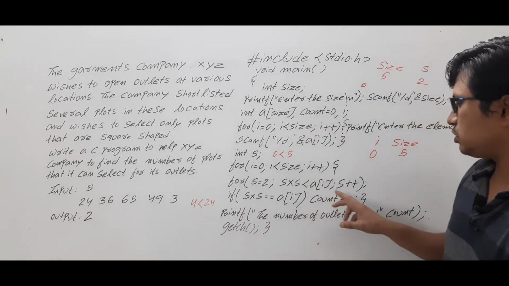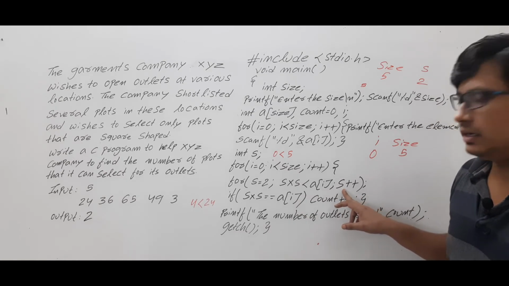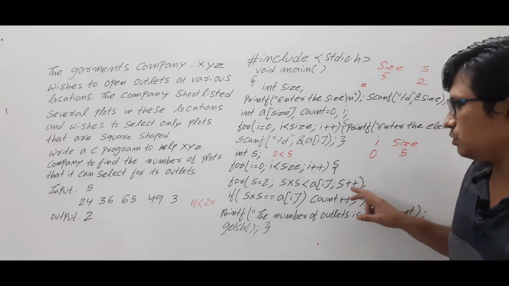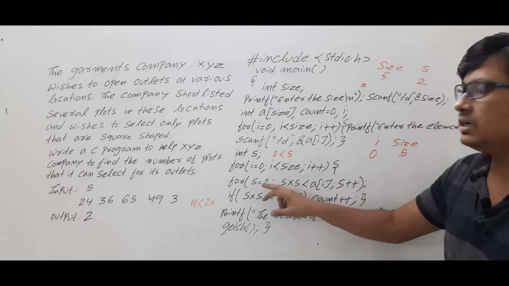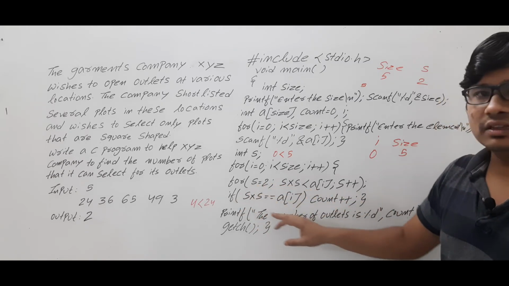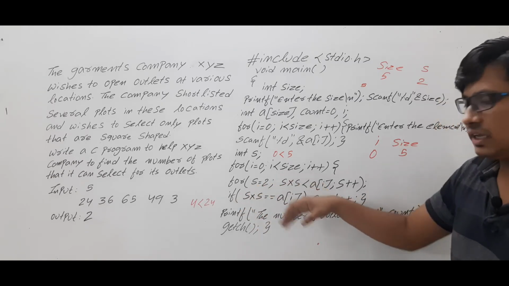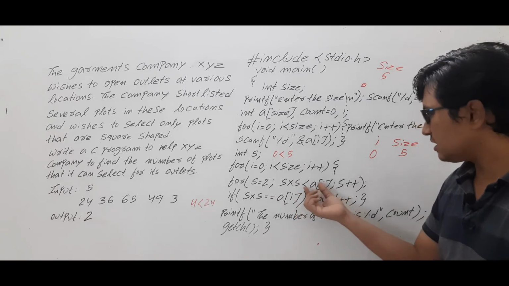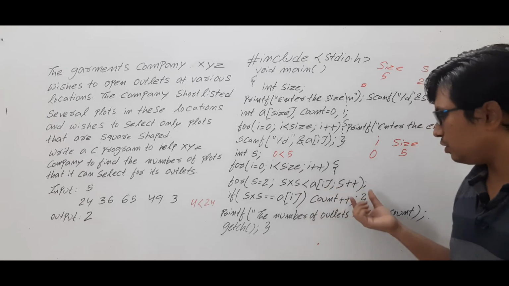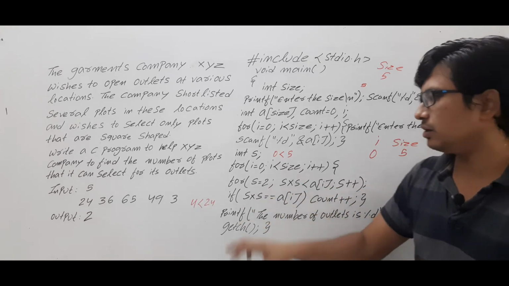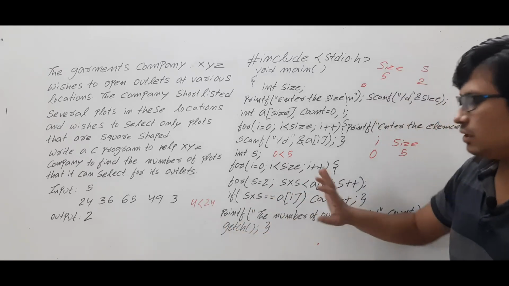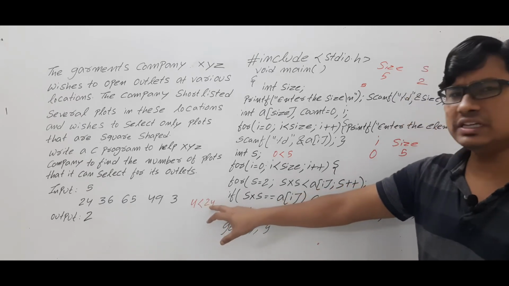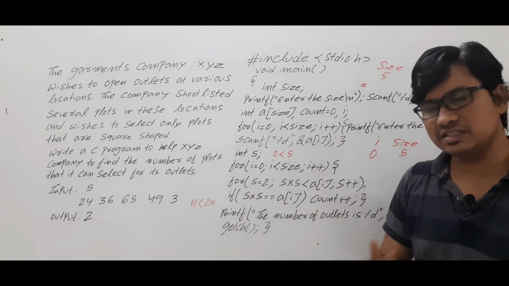If this condition is true, s plus plus will happen because you ended with a semicolon. So the statements which are there in the for loop will not execute for every true condition. Is it clear? Once the condition is false, then only it will go inside. Are you able to understand? So look at here what will happen. 4 is less than 24. Yes, this condition is true.